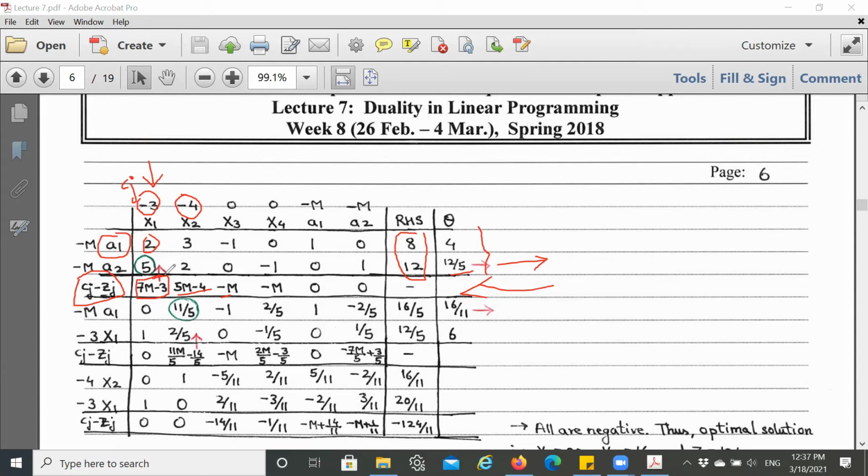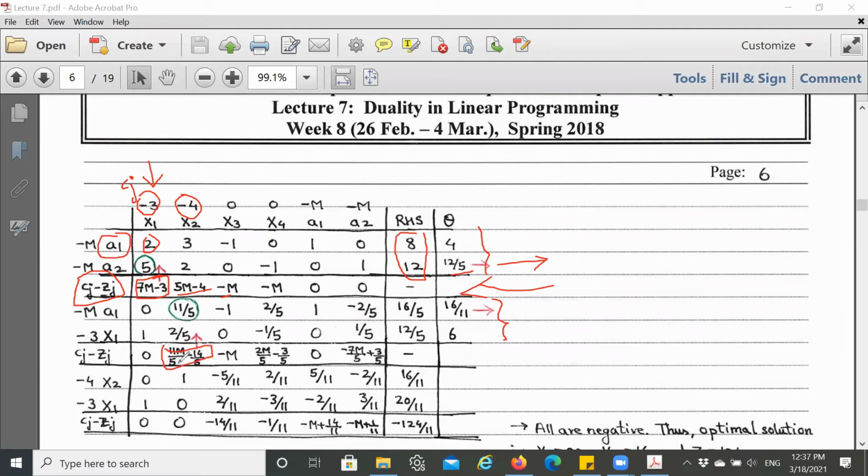Is it clear? And what do you do with the pivot element? You try to make this 1 and every other element in the column 0. So this 2 should be made 0, and this should be made 1. You do that by the row elimination operations, and you would get this in your next iteration, and you repeat the same thing. So you do Cj minus Zj, and then you find the value which has the greatest positive impact.